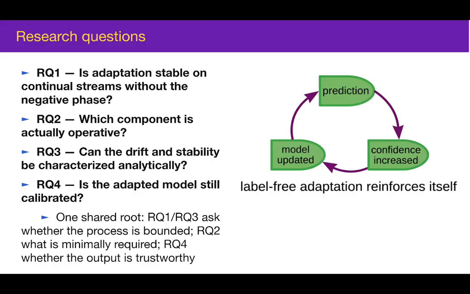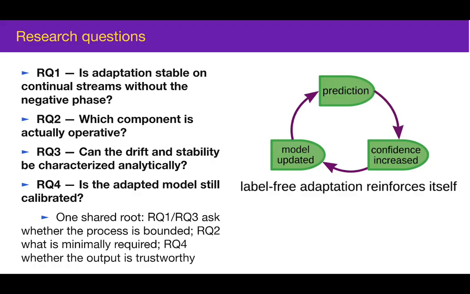As you can see on the right, all four come from one root, the self-reinforcing loop that I mentioned before. Two of them ask: does it stay bounded?